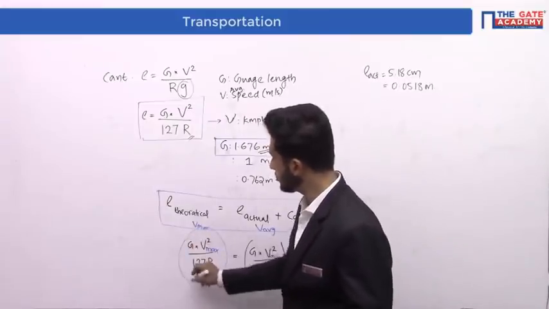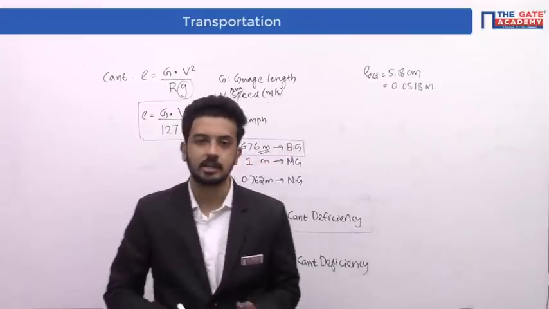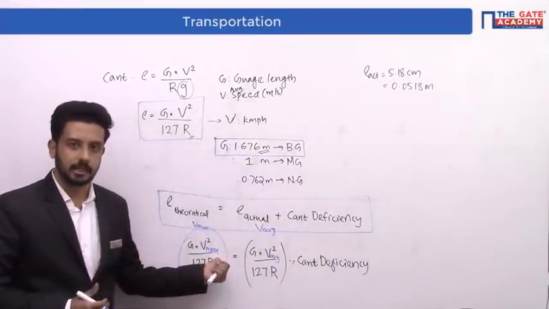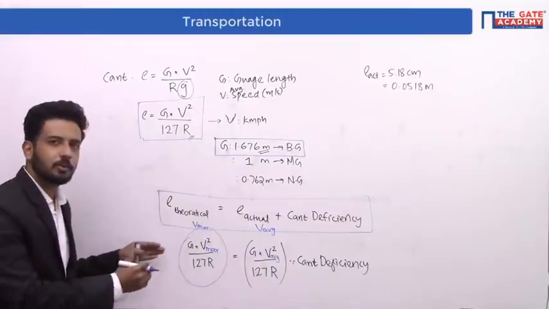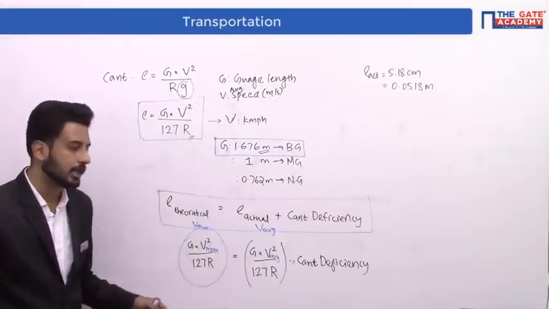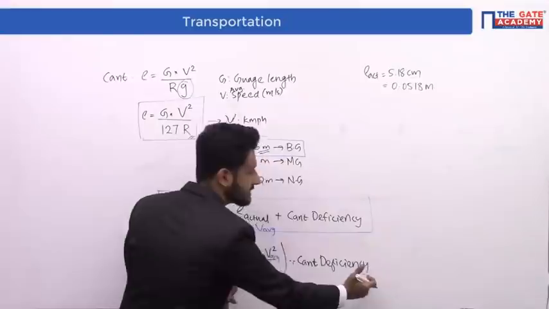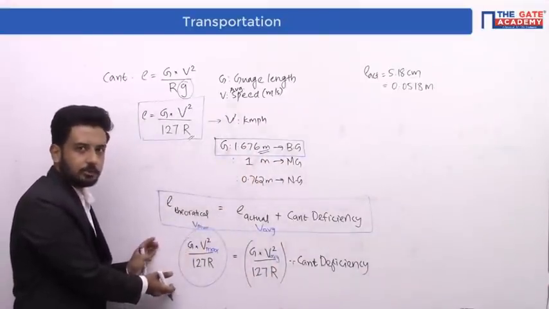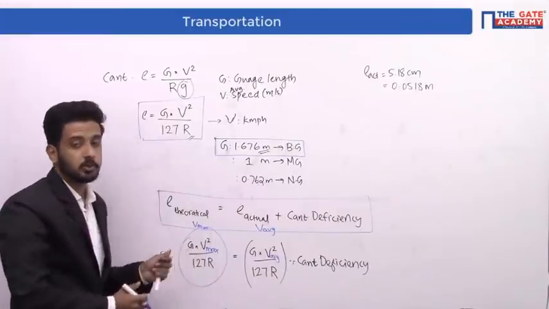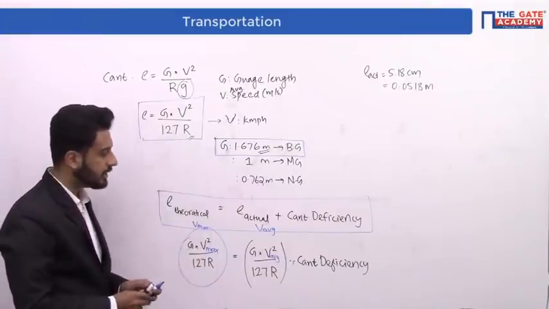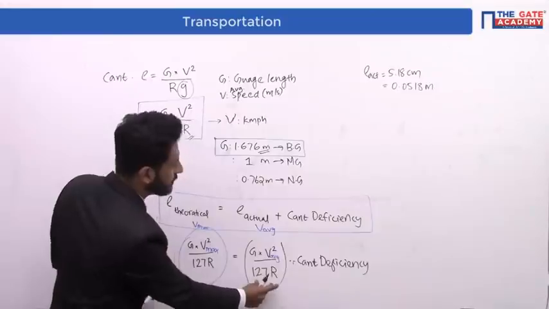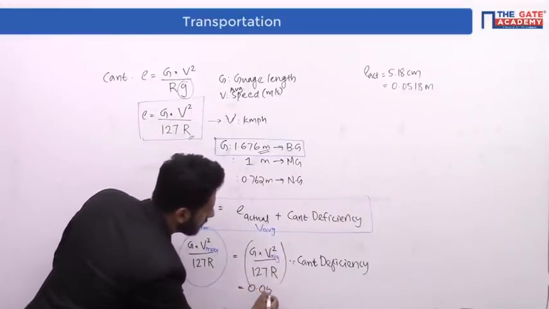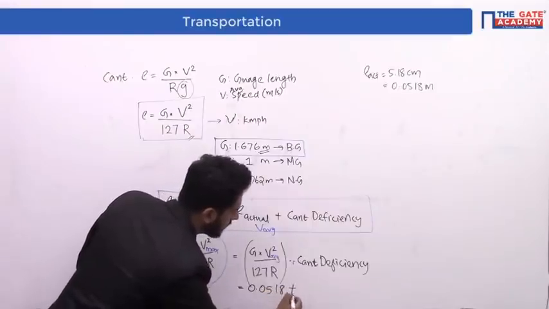Fine. Now what have they asked? They have asked what is the value of maximum speed. Correct? So if I want to find the maximum speed, I want to find this right hand side portion and equate it to this value. Then I can find out what is Vmax. Understood? So this value they have already given as 0.0518 plus.